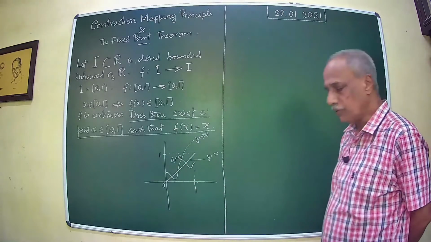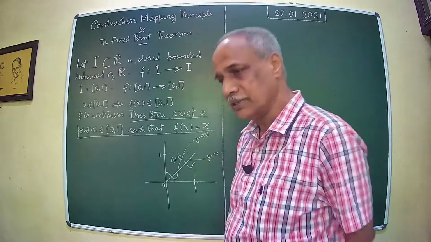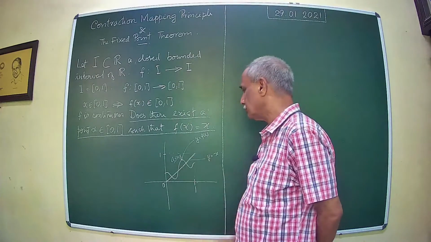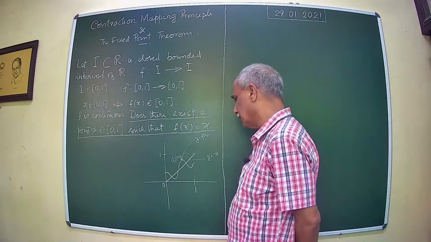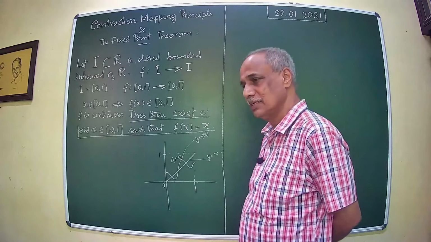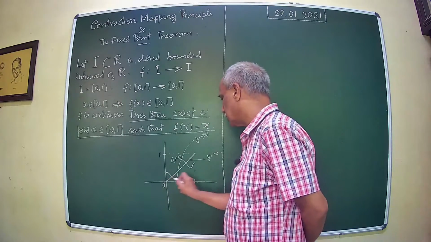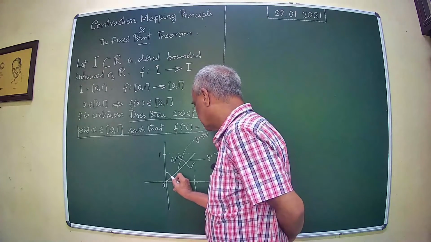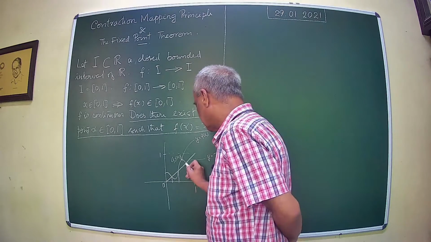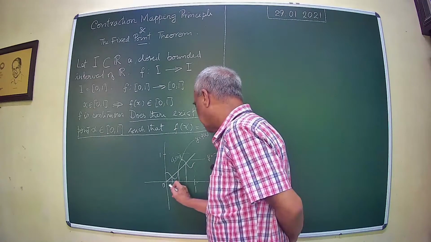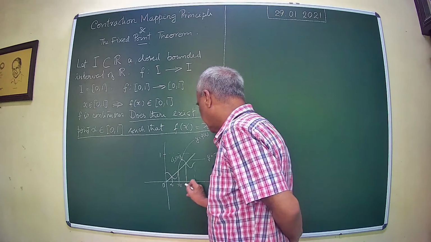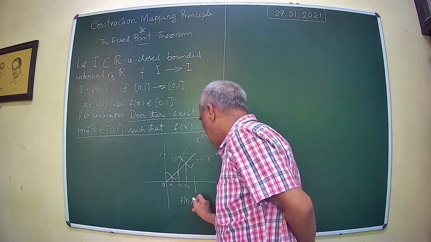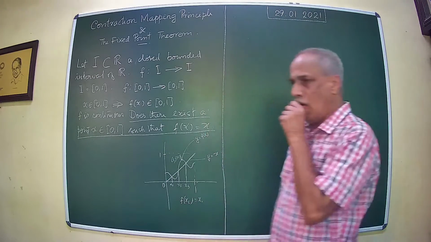Now the question that you are asking geometrically is this: do you have points on the interval [0, 1] such that f of x equal to x? See, these are the points. Suppose you call them x1, x2, x3, then f of xi is xi.